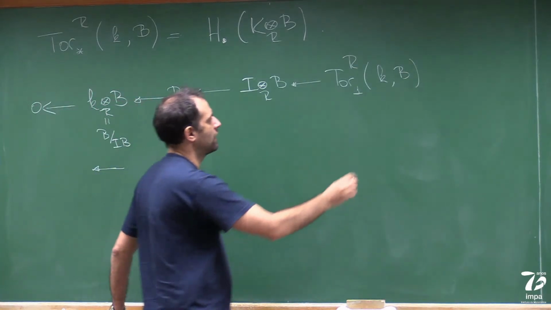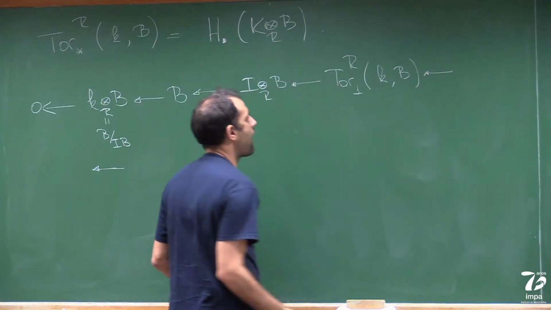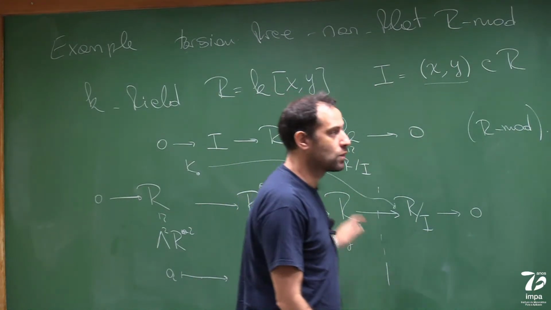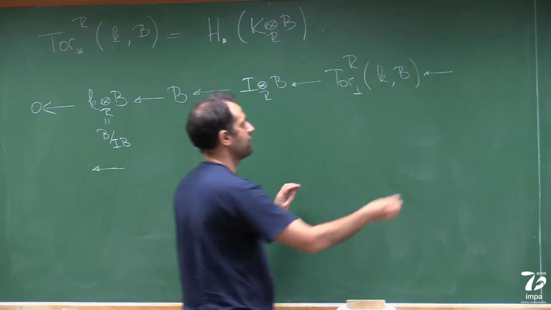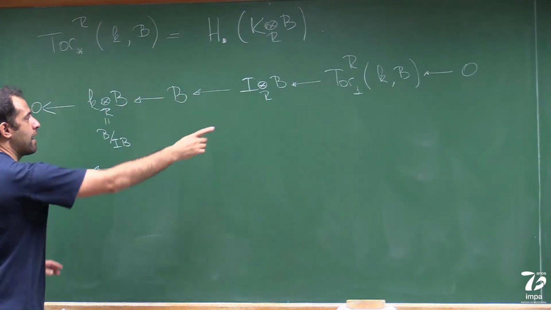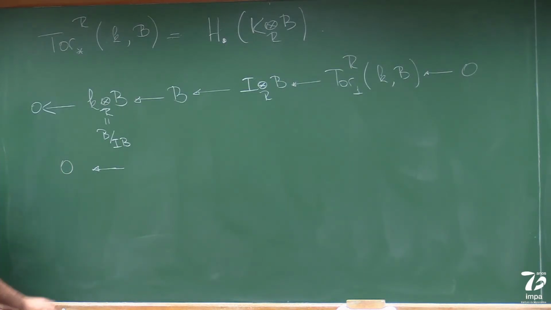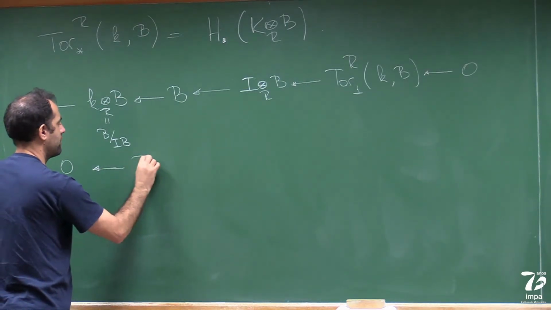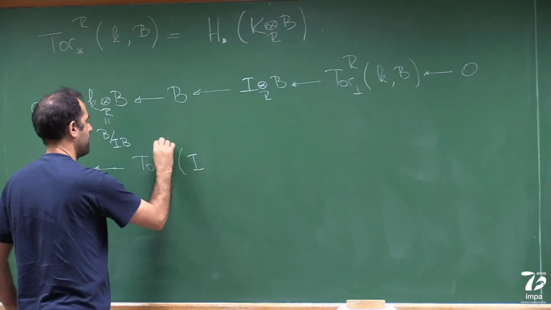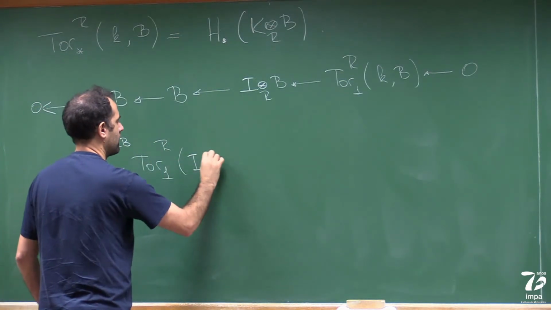Here I have Tor 1 of R, B, but R is free as an R module, so Tor 1 is 0. R is projective, so this guy is 0. And now that 0 is here, and I have Tor 1 of I, B.